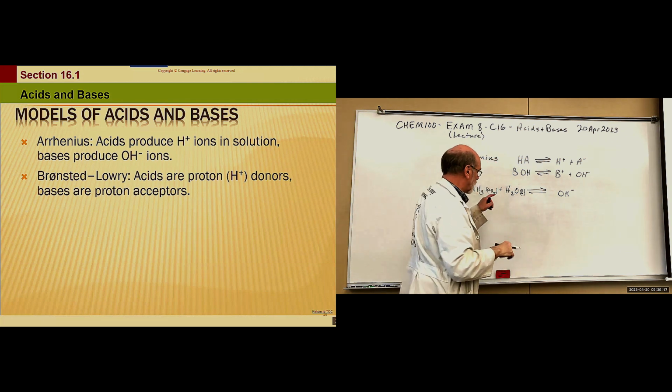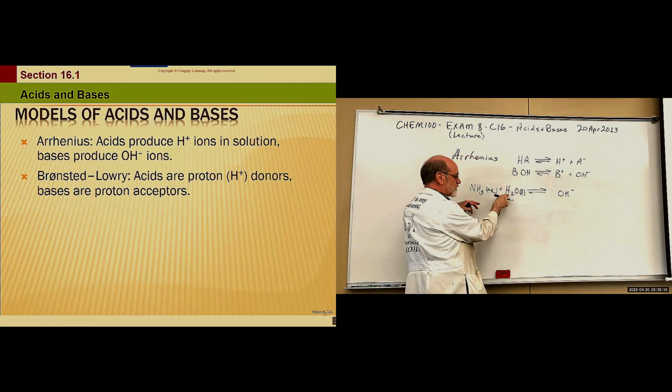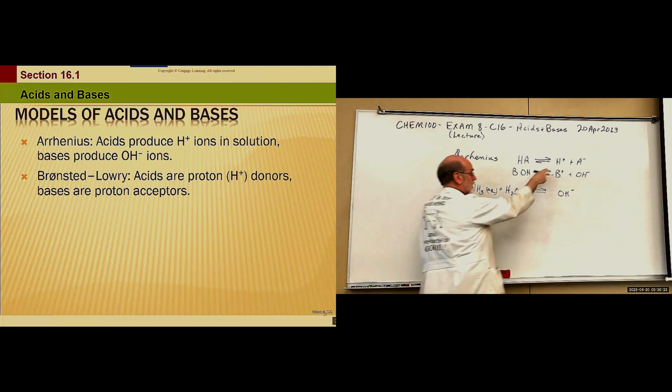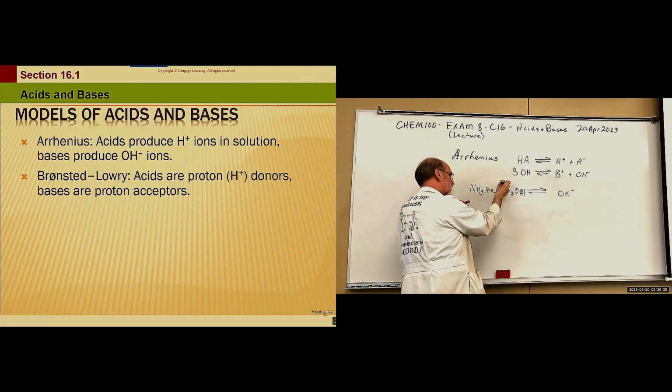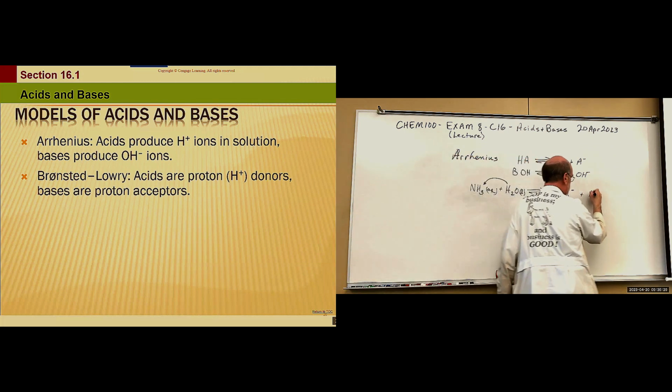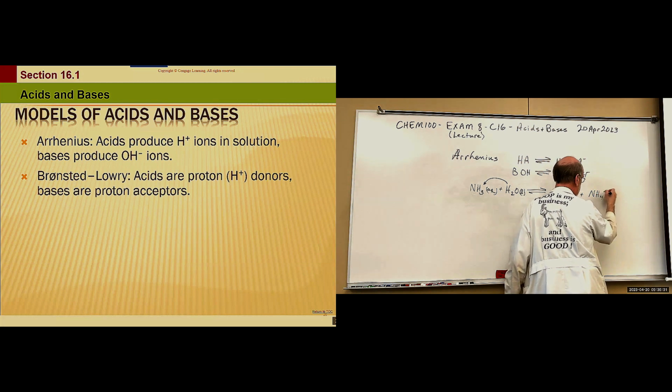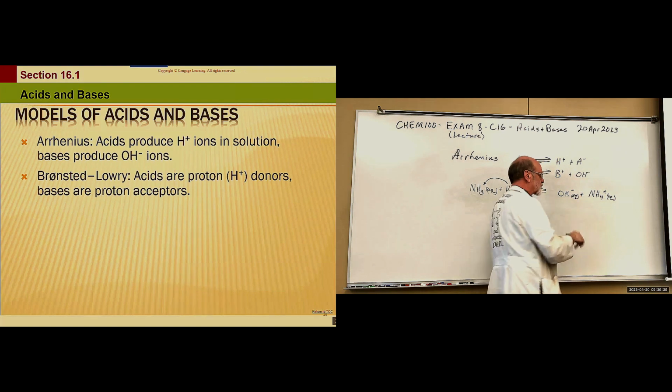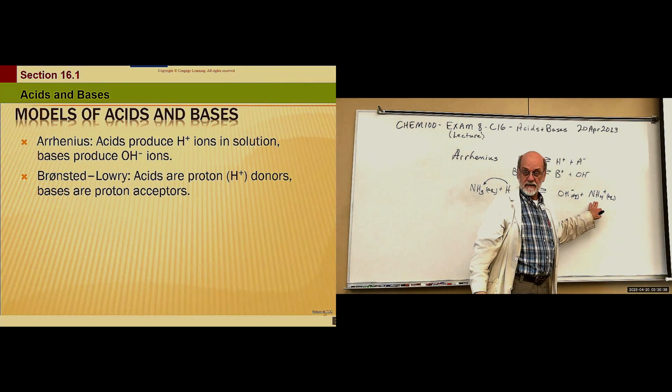So what was happening was a proton, a hydrogen atom, a positive charge, was being transferred to that molecule, and it was producing the ammonium ion.